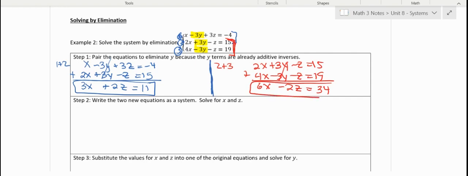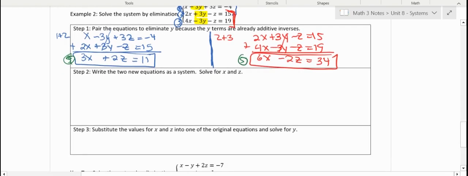That's as far as we can go with that equation. And now I'm going to use my two new equations to write my problem. So maybe I call this like 4 and 5, but you don't have to number them. I'm going to take my two new equations and solve it just like a regular system.